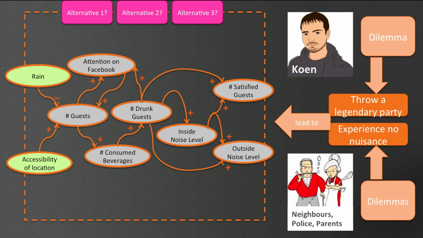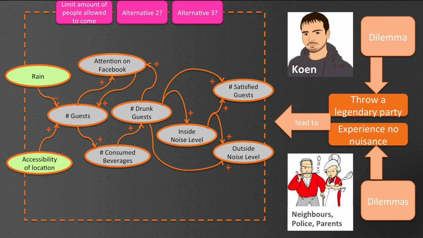The possible answers to these questions are the many alternatives for solving the problem at hand. What would you do if you were Koen? Possible alternatives that influence the criteria could be, for example, limiting the maximum amount of people allowed to enter, or raise the alcohol price, or, for example, improve the isolation of the house.